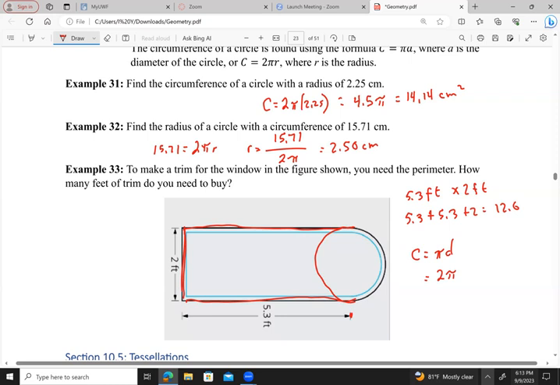But I want half of that. So I just want pi, which rounds to roughly 3.14. So then I take my 12.6 for the rectangle part plus my 3.14, and I get 15.74 feet. And that finishes up section 10.4.